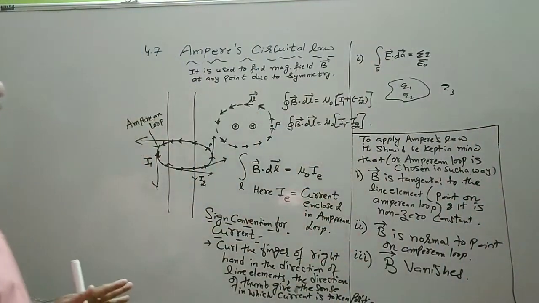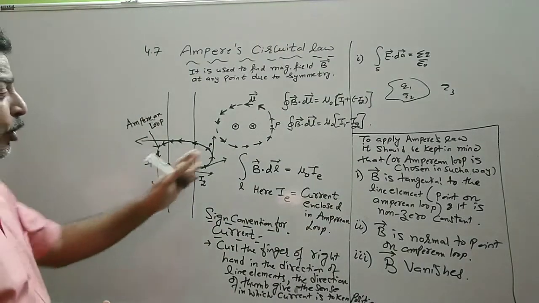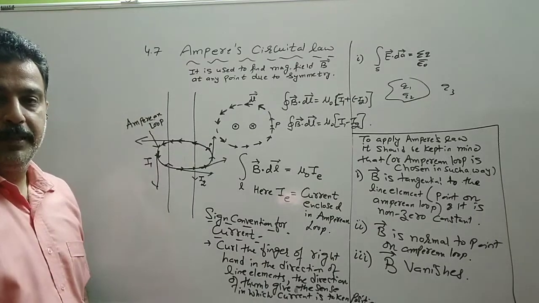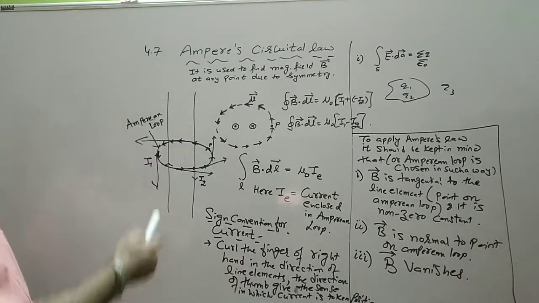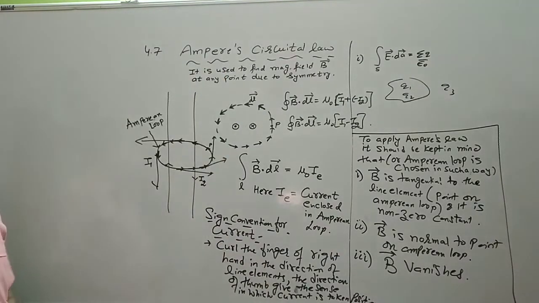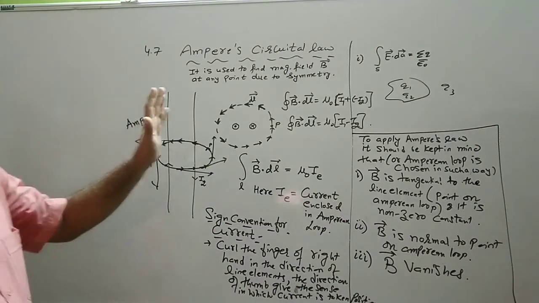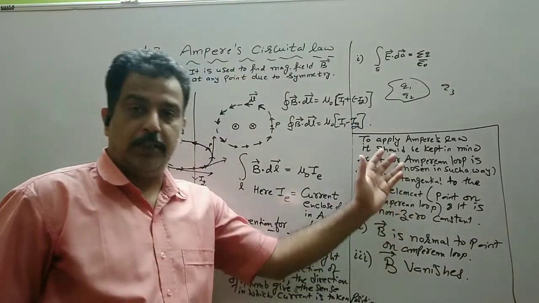So this is Ampere Circuital Law for 2 wires. So you have to simply remember that if you have to apply an Ampere Circuital Law, the first step is choose an Amperian loop. Now when you are choosing an Amperian loop, it becomes very easy if these are the situations.